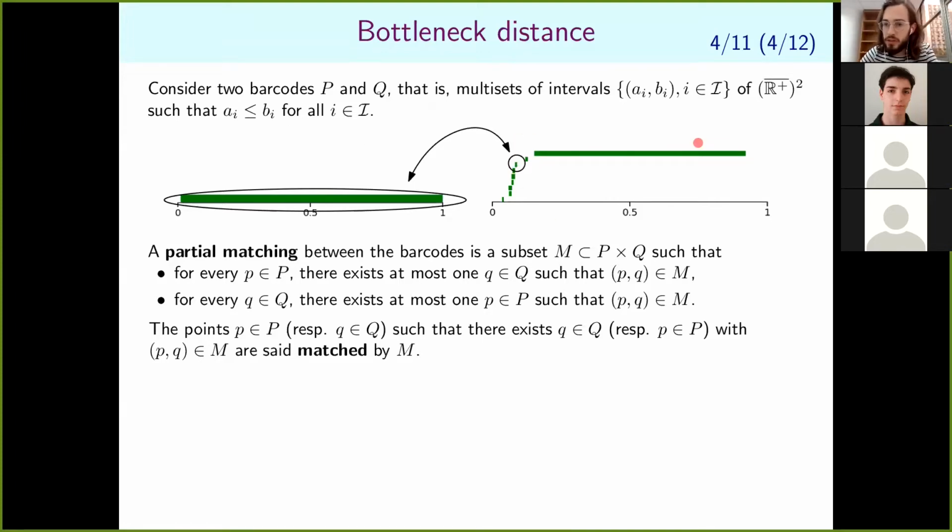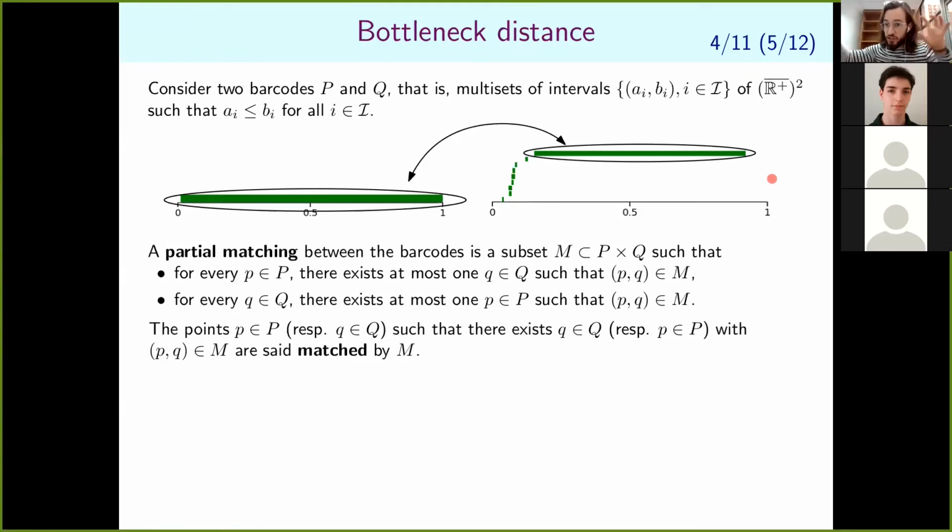This will be another example of a matching. And one that will be interesting for us later is this one: I match the long bar of the first barcode with the long bar of the second barcode. All of them are partial matchings.